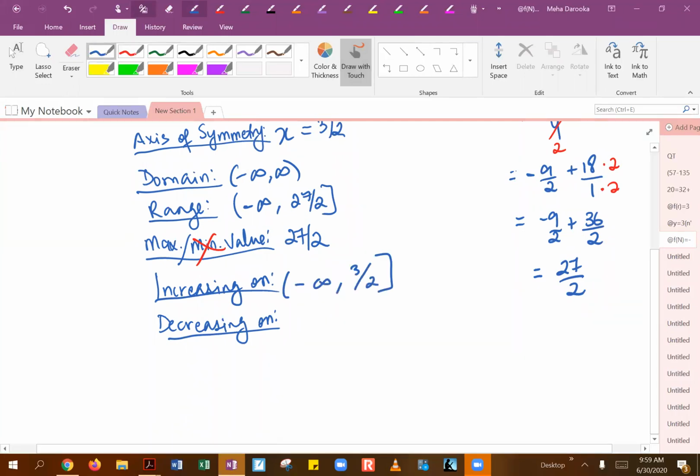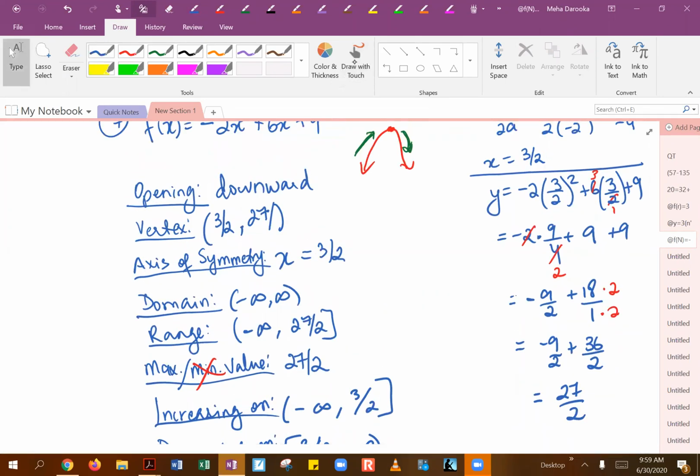Then again, they want you to include the 3 halves, and then that means we would be decreasing from 3 halves to positive infinity.